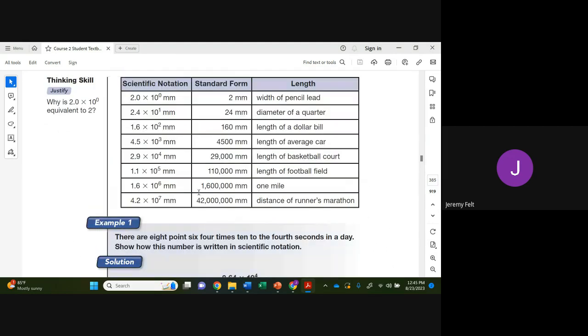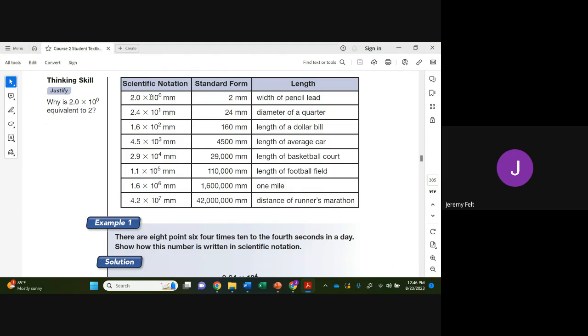Okay, so we're not changing the value of the number. We're just rewriting it in a way that makes a little bit more sense. For small numbers, like 2, I would much rather write 2 as just 2 than 2.0 times 10 to the power of 0. That doesn't really help us any.